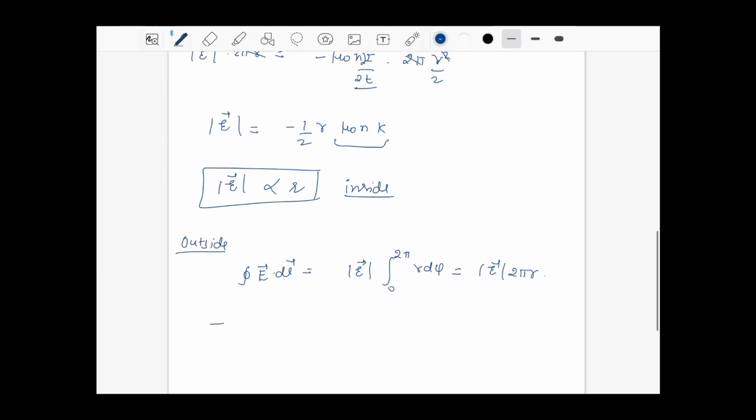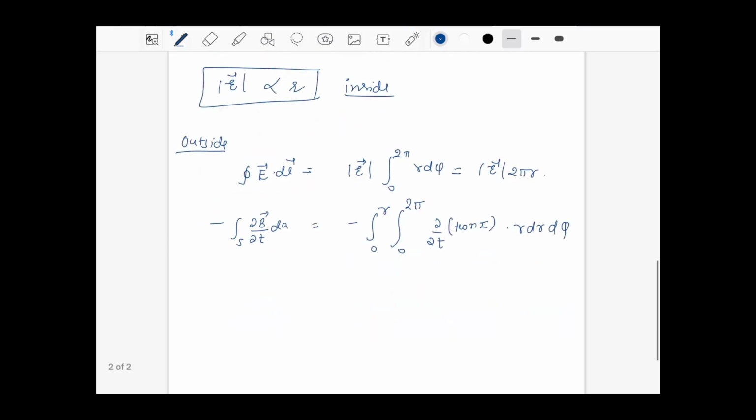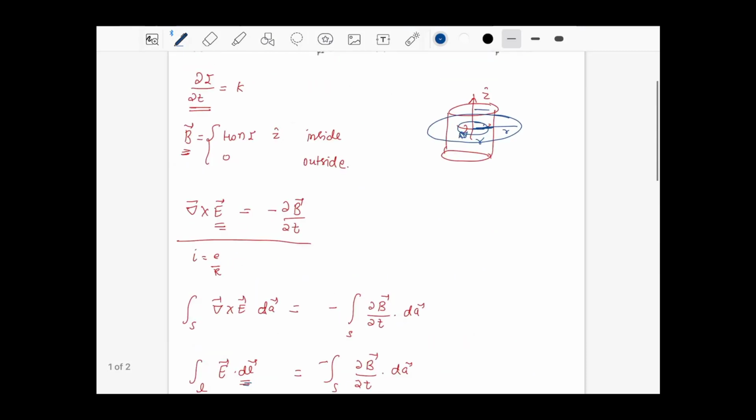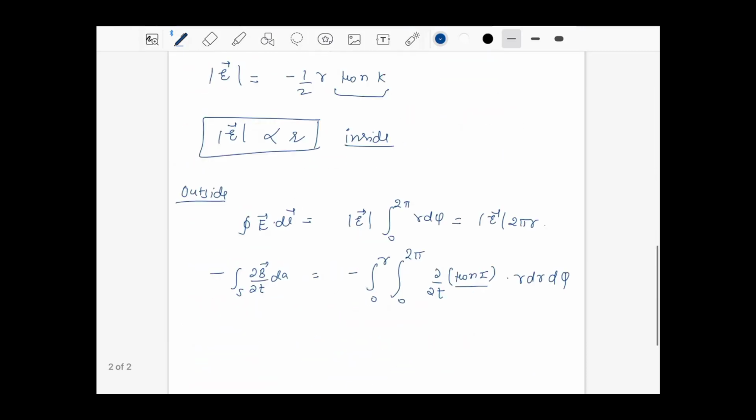And the right hand side is minus the surface integral of dB by dt dot dA. This field mu naught n I is valid only as long as we are talking about the inside radius. Outside it is 0.